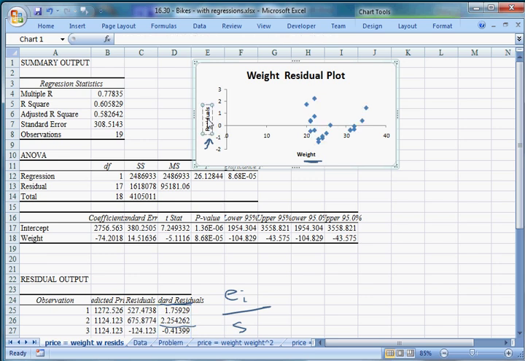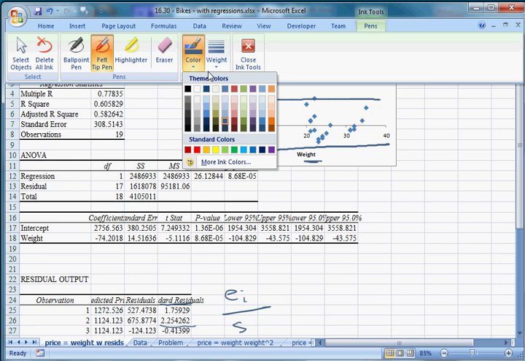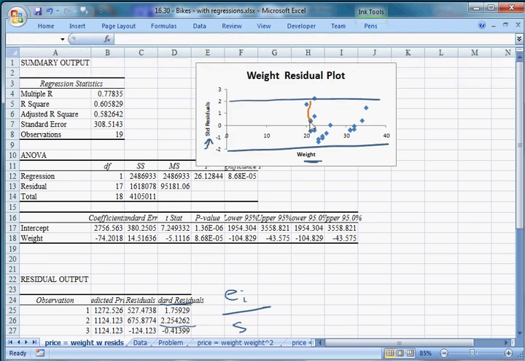You want to change this. Standard residuals are just a little easier to interpret, because what you want to see essentially is everything falling between the -2 and +2 lines.